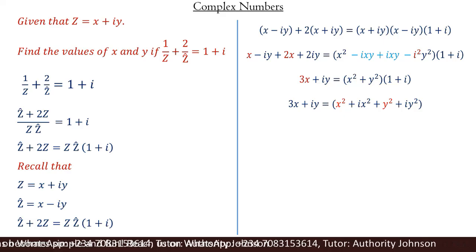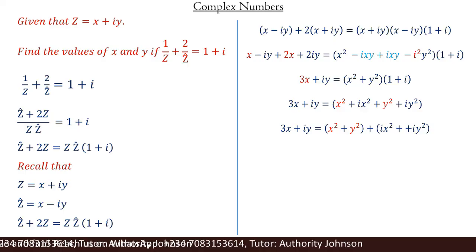Now take a look at this. Let's group it together. The parts that are real, let's bring together, and the parts that are imaginary, let's bring together. So bringing it together, we have that 3x plus iy is equal to x squared plus y squared. This is the real part, okay? We have x squared plus y squared. Now the part that is imaginary, we have ix squared plus iy squared.